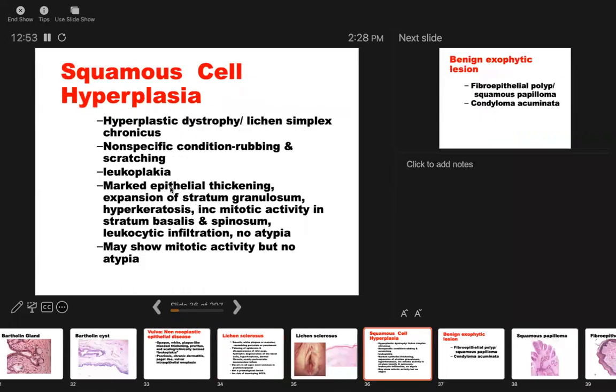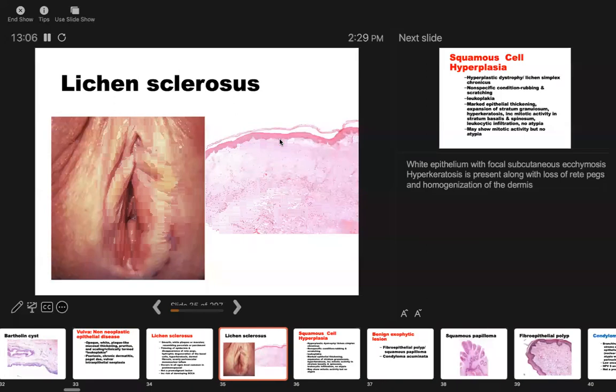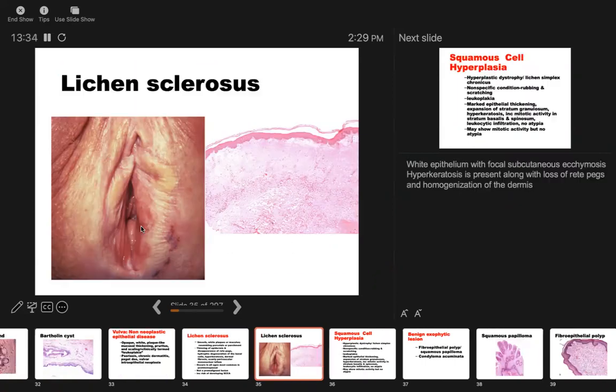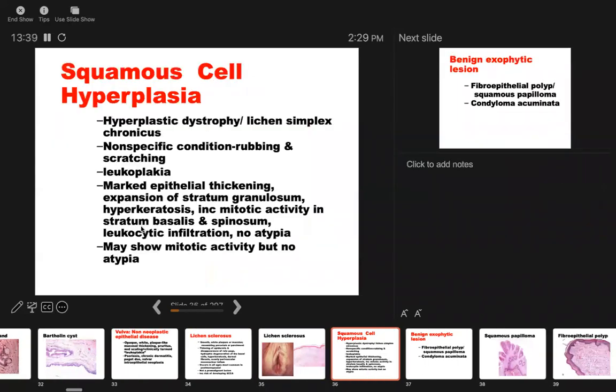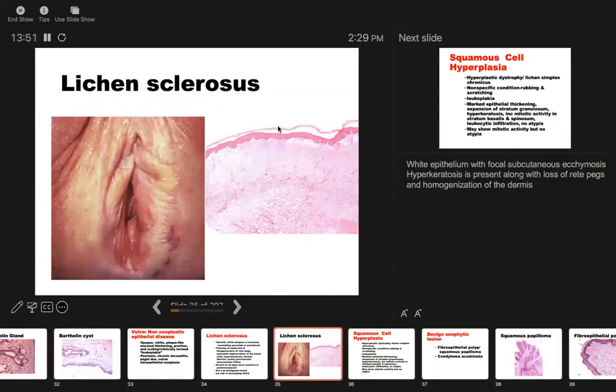In lichen sclerosus, there is usually degeneration of the basal layer. On the other hand, in squamous cell hyperplasia, usually there is increased mitotic activity in the basal layer. Both of the diseases will give you hyperkeratosis. That is one common feature for both diseases.